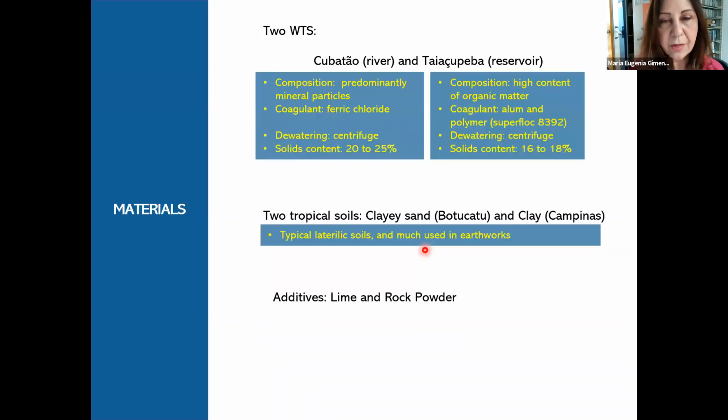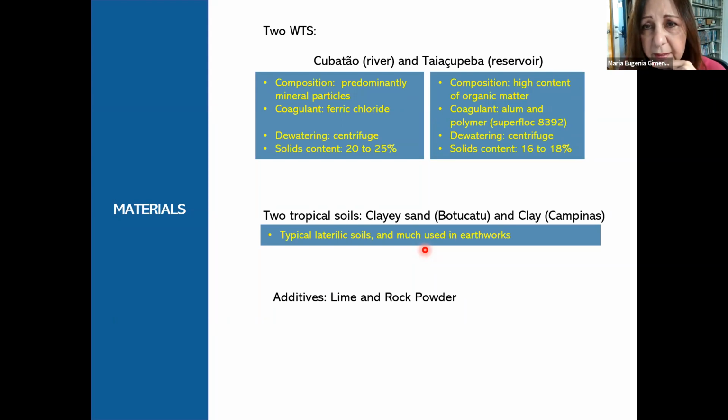So we use two WTS from two water treatment plants that use conventional treatment from São Paulo state, Brazil. They are very big WTPs. Cubatão WTP collects raw water from the Cubatão River and supplies 4.5 cubic meters per second to a 1 million population.